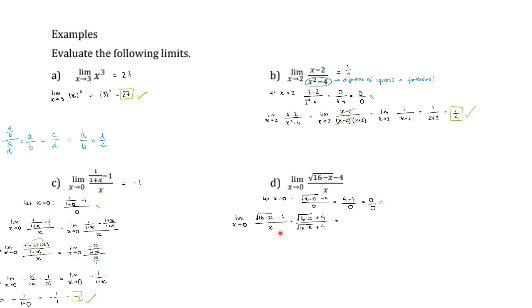And so here we go. Using the distributive property, we are going to have the square root of 16 minus x minus 4 times the square root of 16 minus x plus 4 in the numerator, all over x times the square root of 16 minus x plus 4 in the denominator.